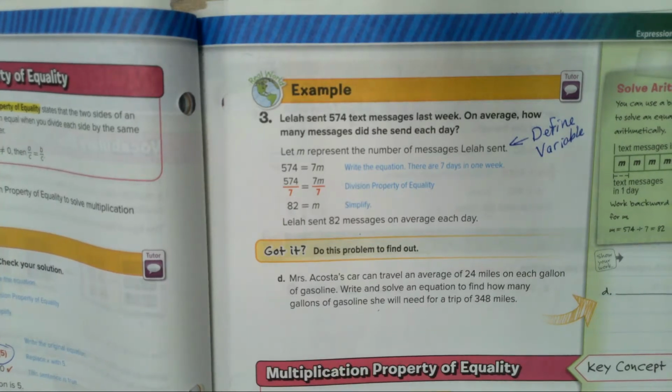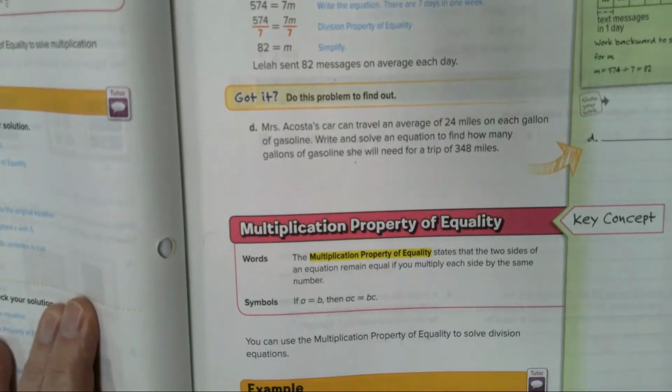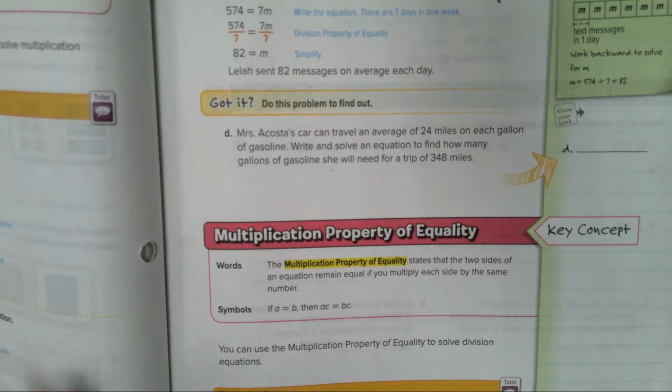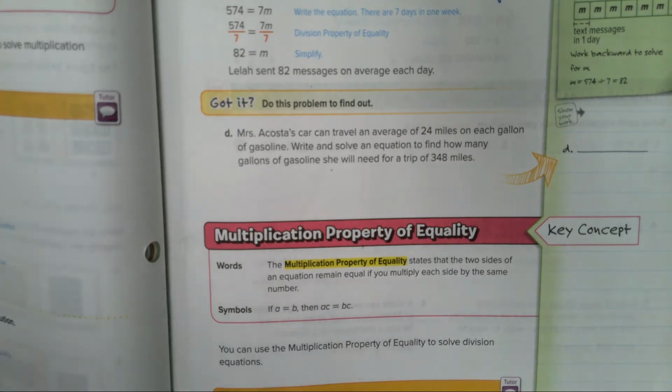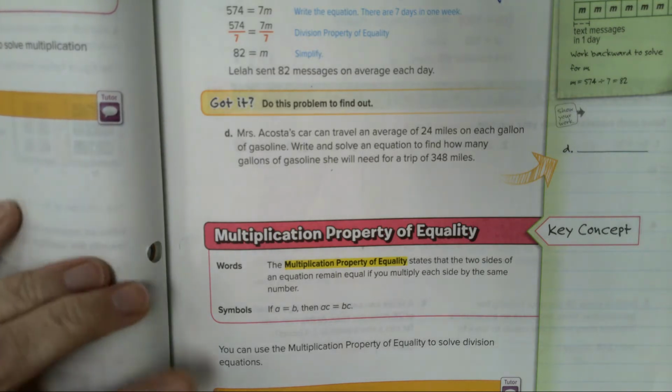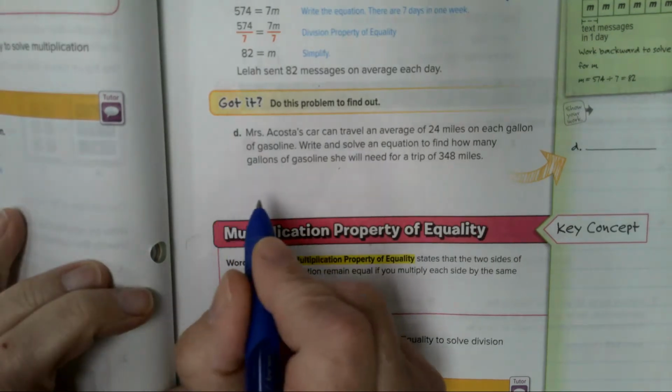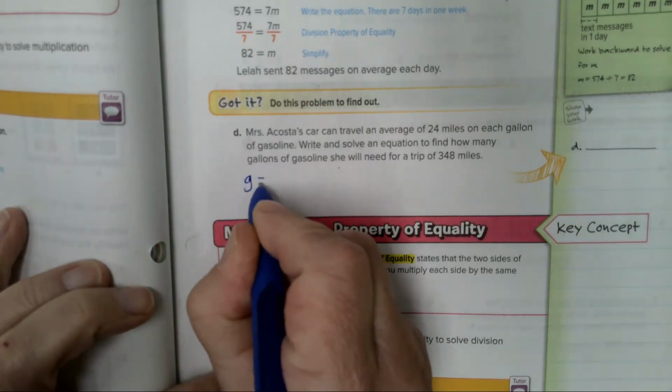Let's do letter D. In letter D, Mr. Acosta's car can travel an average of 24 miles on each gallon of gasoline. Write and solve an equation to find how many gallons of gasoline she will need for a trip of 348 miles. All right, so I'm going to say G equals gallons.